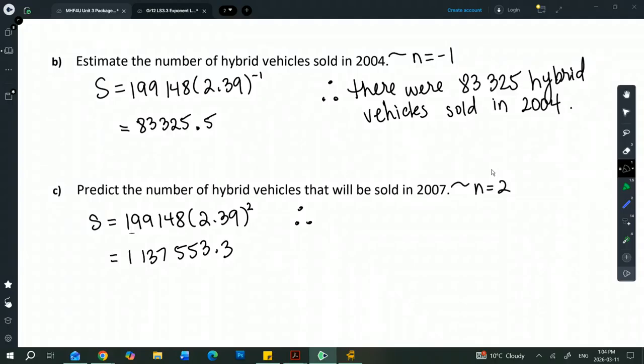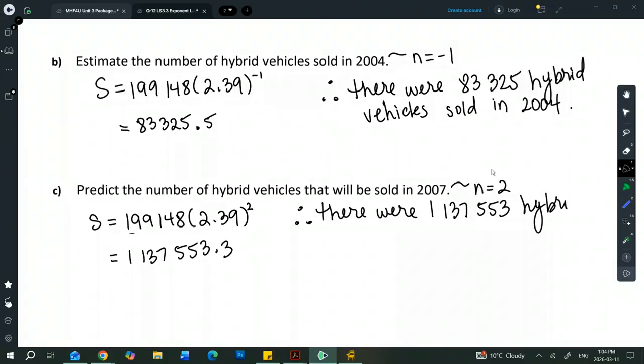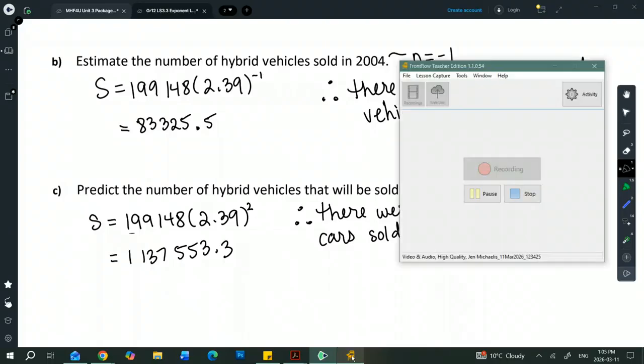So what would you say for your therefore sentence? Great, that's it.